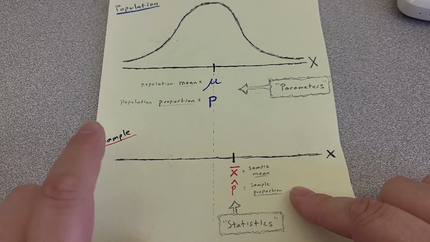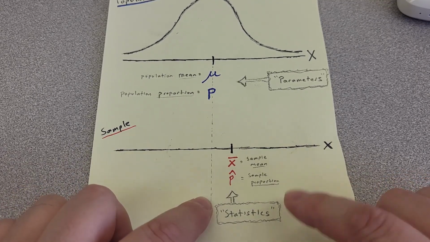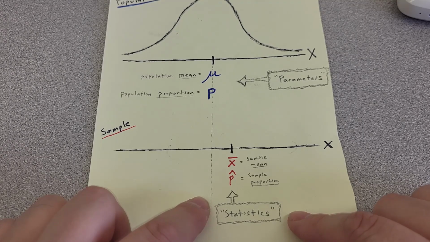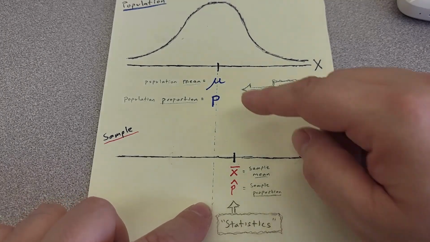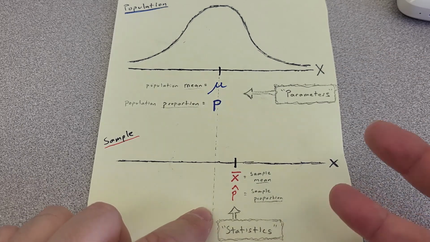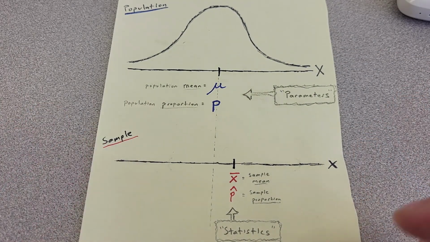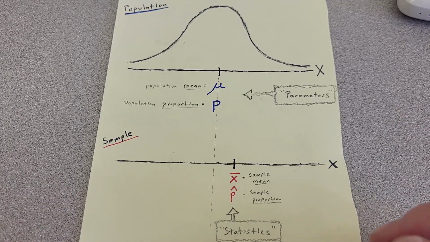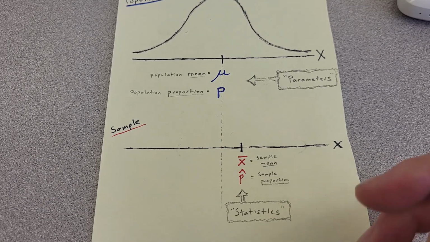Everybody doing their individual sample will come out with their own different sample statistics. So the sample statistics, they're not going to exactly match the population parameter. But what we can do is we can give ourselves a bit of a give and take. And in order for us to get that give and take, that's why we calculate something called the error.